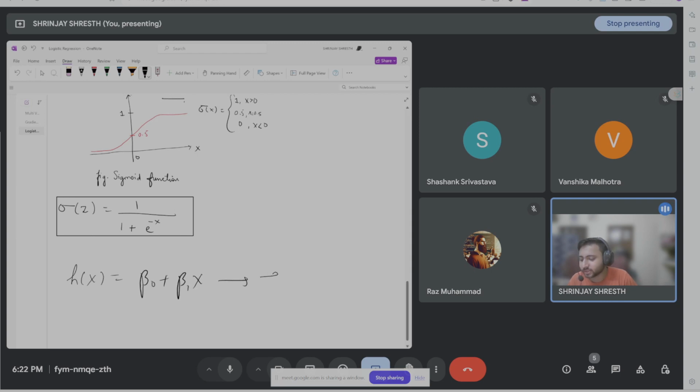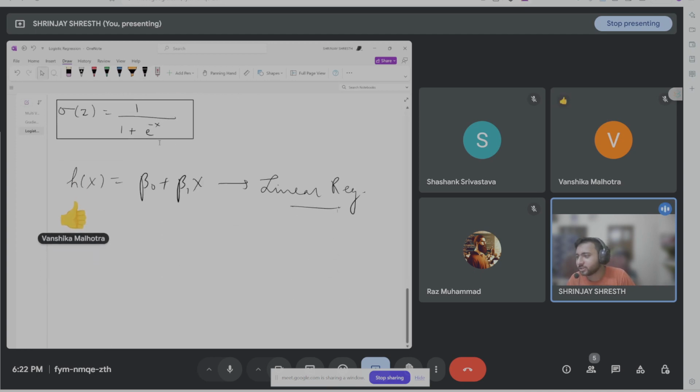This was for linear regression, am I correct? The issue we were having was because of this function. So let us have our hypothesis function as 1 over 1 plus e raised to the power minus gx. This is for logistic regression.